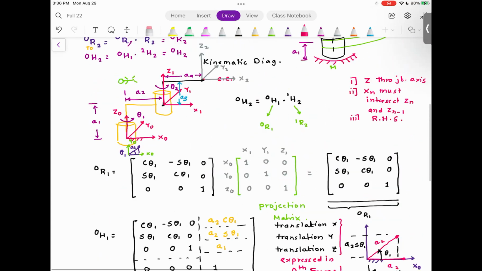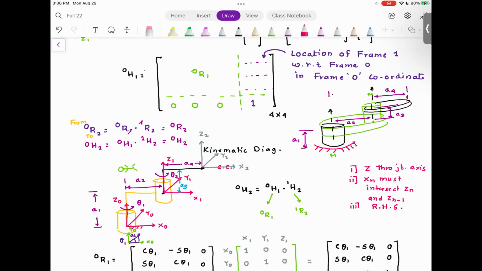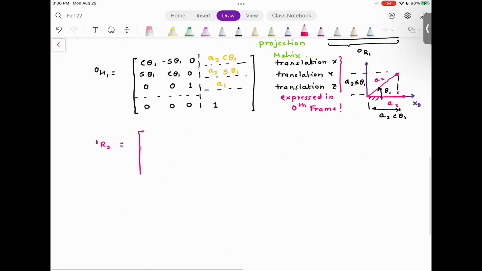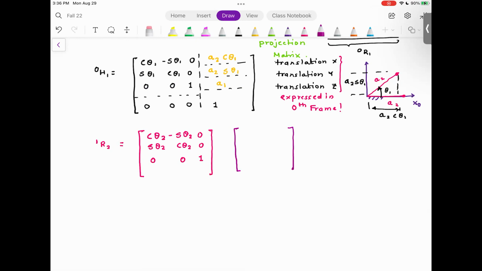Can you see 1R2 is again a replica of 0R1, except cosine theta 2, minus sine theta 2, 0, sine theta 2, cosine theta 2, 0, 0, 0, 1. But let's not forget the projection matrix. And in this case, the projection matrix is x2, y2, z2, x1, y1, z1.